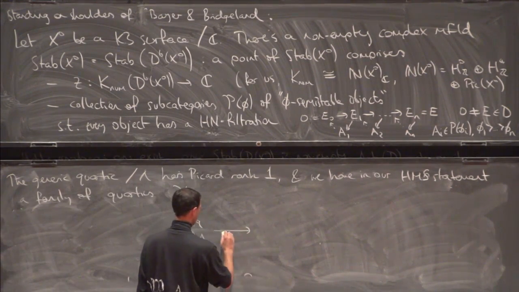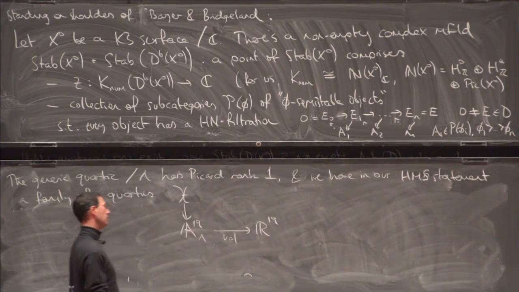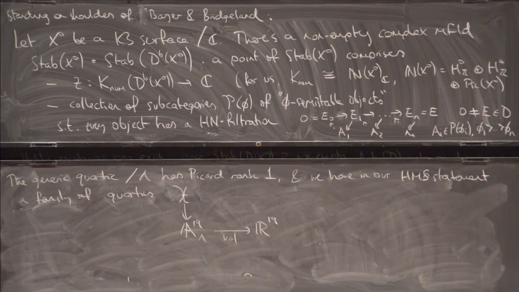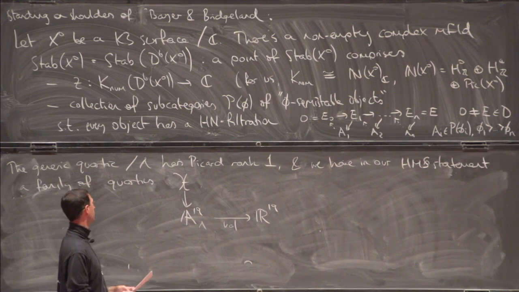And this affine space has a valuation map, which takes the valuations of the Novikov coefficients of the monomials.